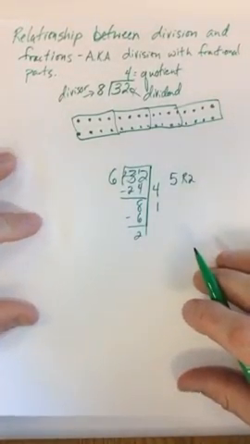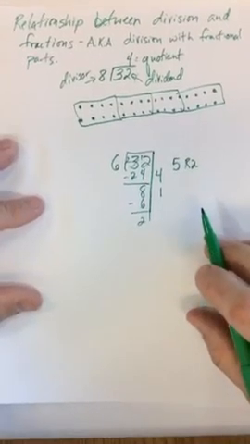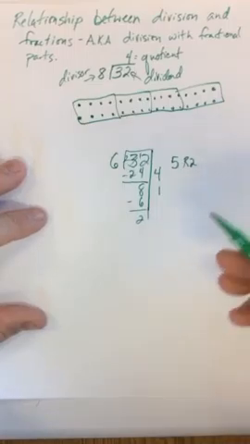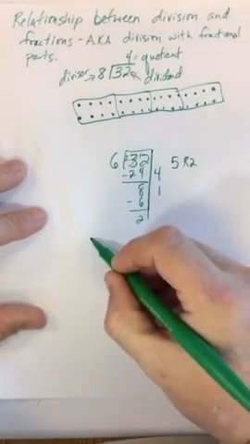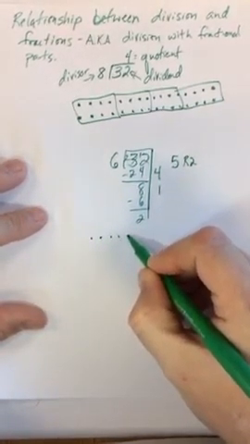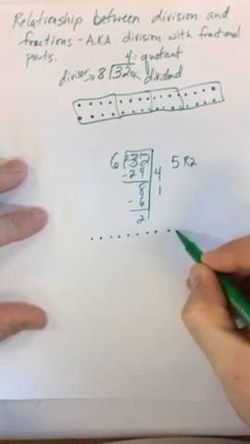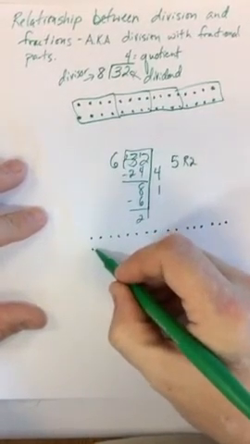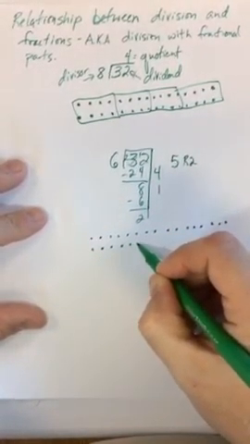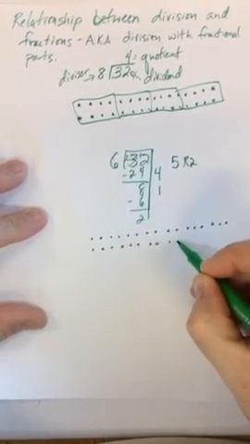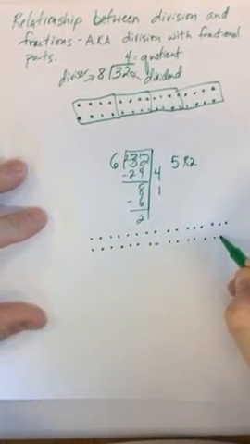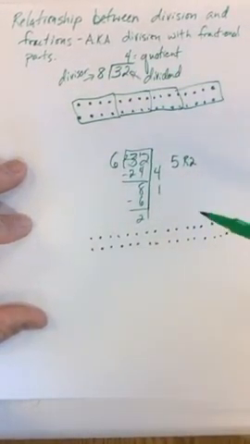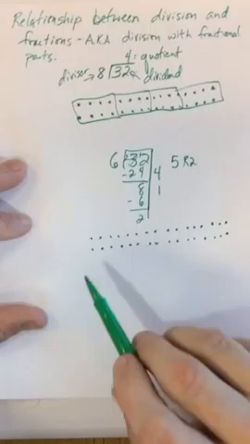When we go to deal with fractions, and again I'm going to use an array because it really demonstrates to the students what that remainder represents. I'm going to use the same array. And this time, instead of groups of 8, my divisor was 8 in the first problem, my divisor is 6 in this problem.